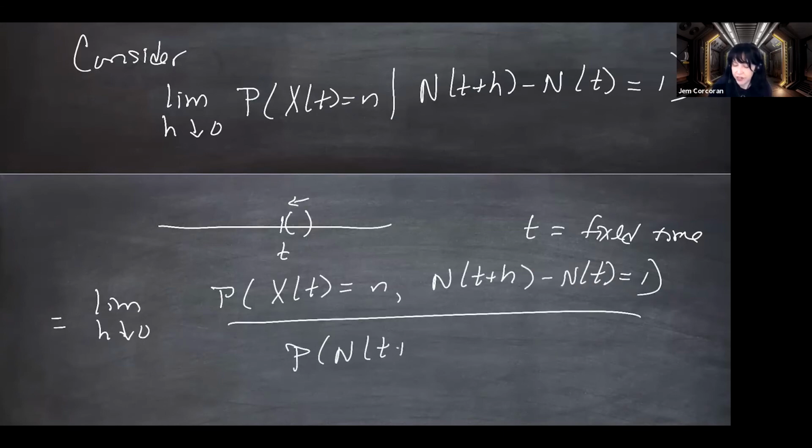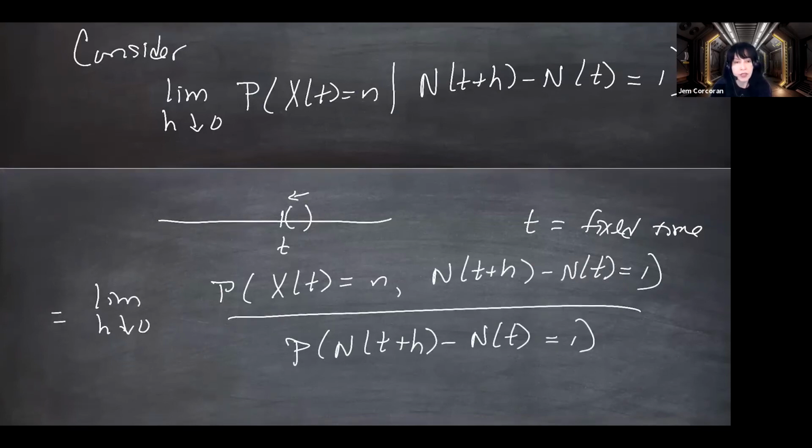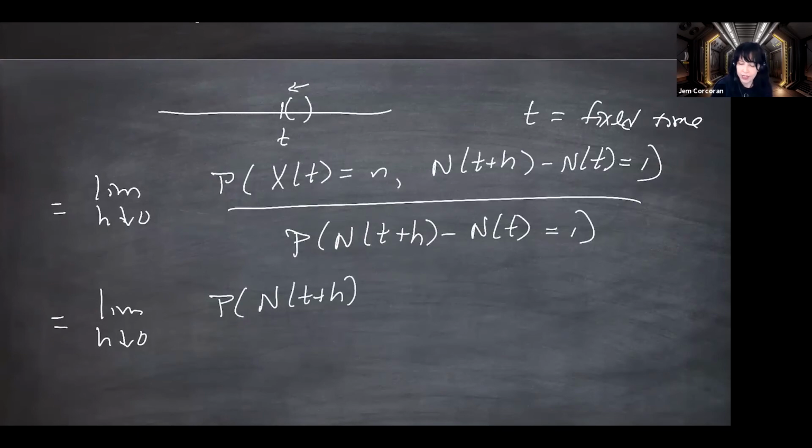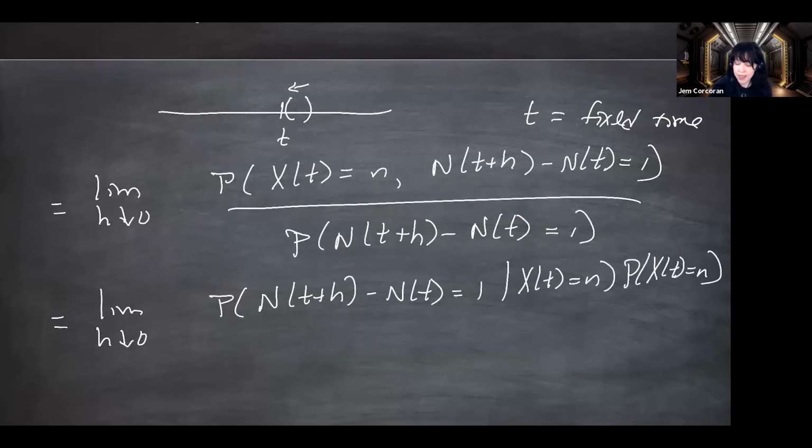This is just the definition of conditional probability. And then I'm going to use conditional probability to unravel and rewrite the numerator. So this is the limit as h goes to 0 of the probability that N(t+h) minus N(t) is 1, given that x(t) is n, times the probability that x(t) is n.